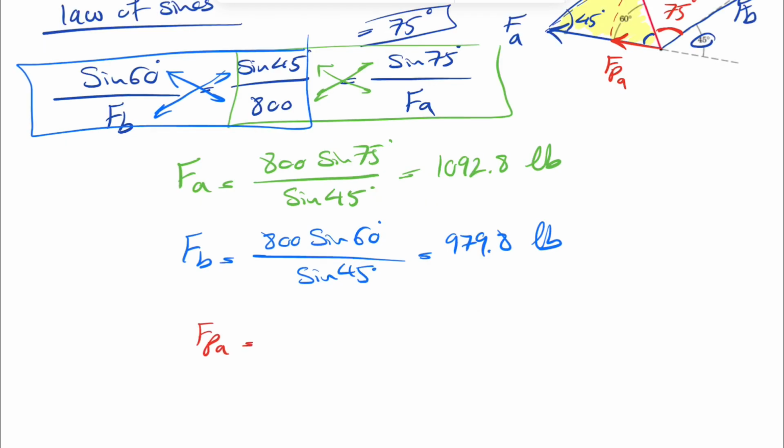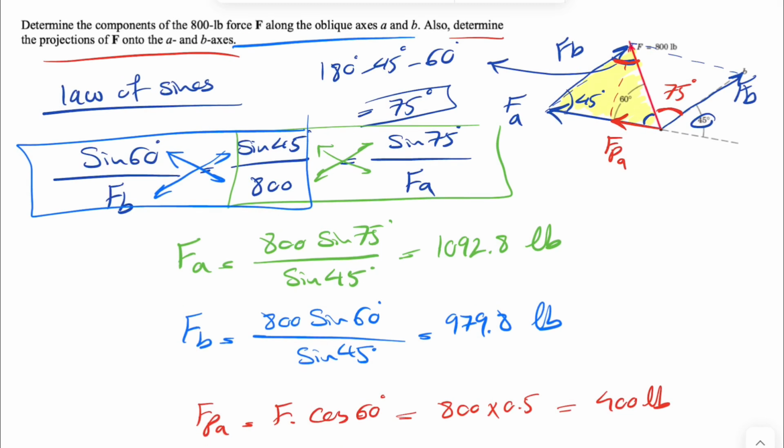So FPA would basically be F cosine of the angle, which is 60 degrees. Our F is 800. Cosine of 60 is 0.5. So that's going to give us 400 pounds. That's the projection of F on the A axis.